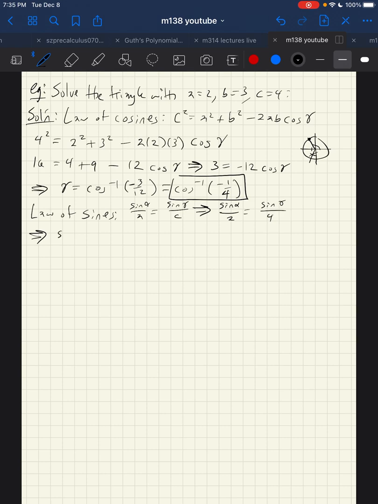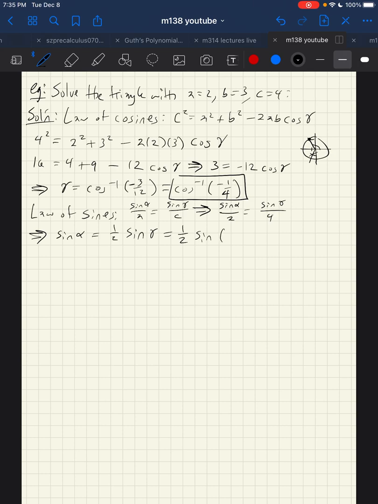And then I'm solving for alpha, so I have sine alpha equals 1/2 of sine gamma. Now, because I know that gamma is cosine inverse of 1/4, I could compute the sine here. I'm going to go ahead and not do that, in the interest of time and saving a little bit of space on the page.